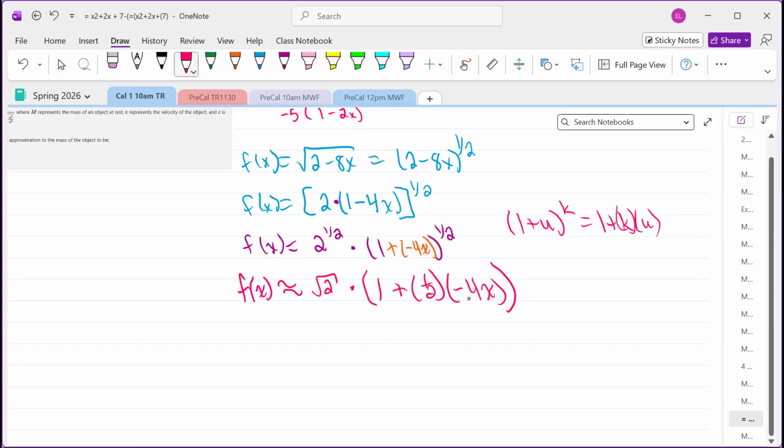And I could clean up the 1/2 times negative 4, like this is 1 minus 2x, still with the square root of 2 on the outside. But WebWork will take either answer. You don't have to clean up the answers.